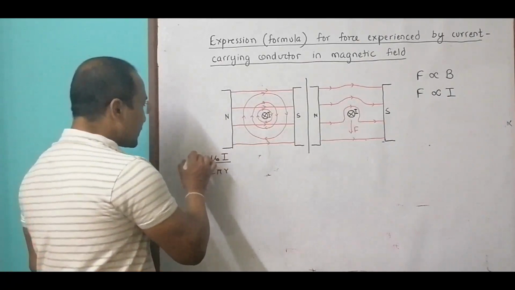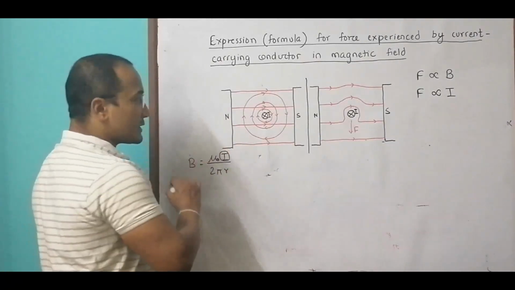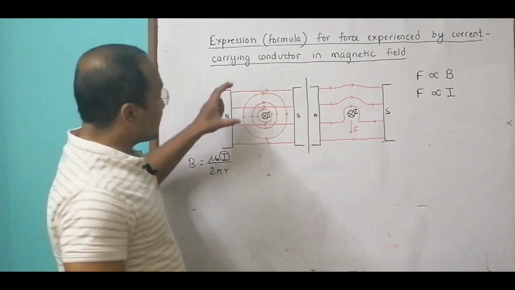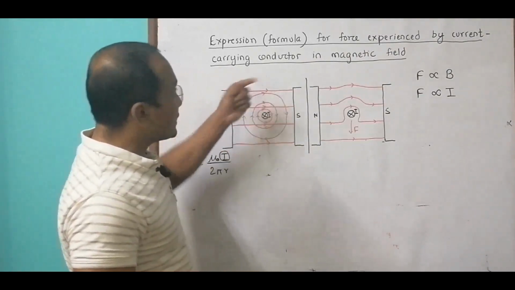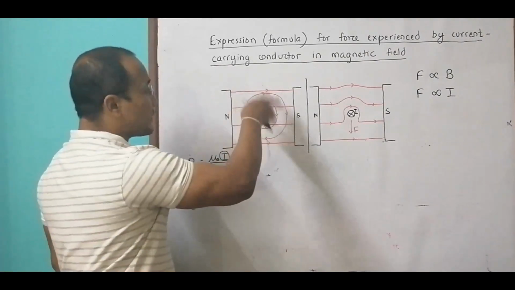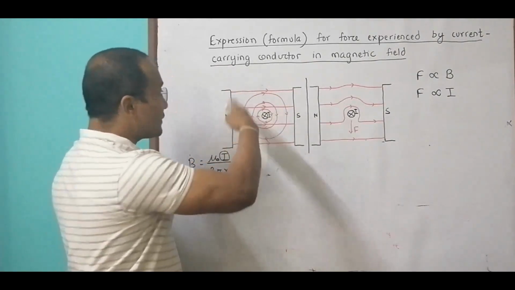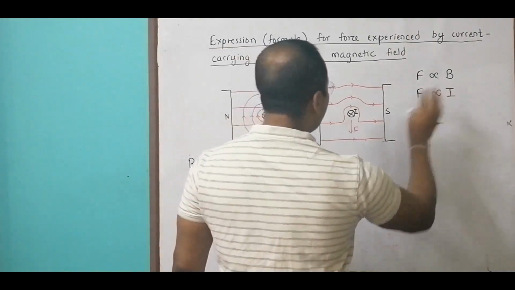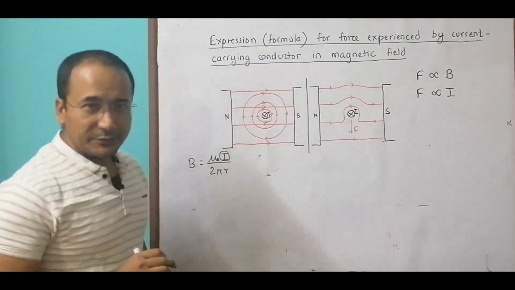So B is proportional to I. Its magnetic field is proportional to I, and depending on its magnetic field, the interaction depends. More interaction will happen if this magnetic field is high, less if it is low. That's why B is proportional to I, which causes those circular magnetic fields.